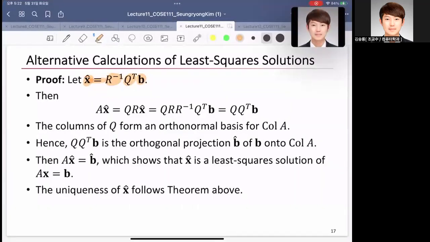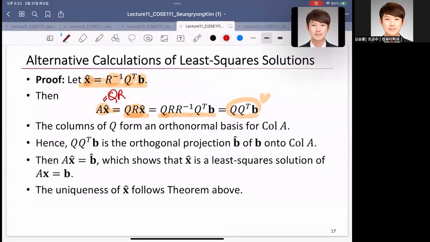Okay. So then A x hat is going to be Q R x hat, 그렇죠? Because A is equal to QR. Then if x hat is like this, it is going to be Q R R inverse Q transpose b, and Q Q^T times b. 그렇죠?